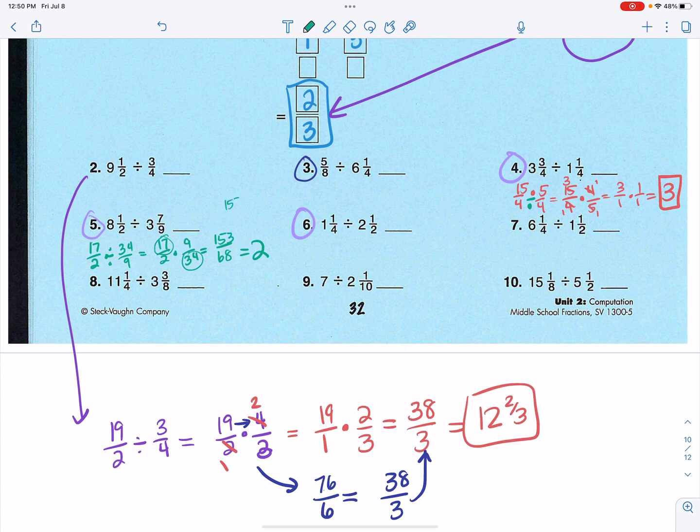So 153 minus 136, I'm using my calculator on this, because they're getting bigger, is 17. Okay, 2 and 17 68ths. Well, I know 17 goes into 68 because I multiplied to get it. So let's see, 68 divided by 17 is 4. So I'm going to divide these both by 17, and I get 2 and 1/4.